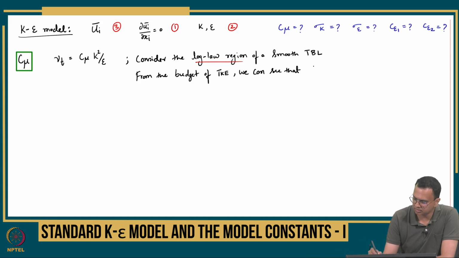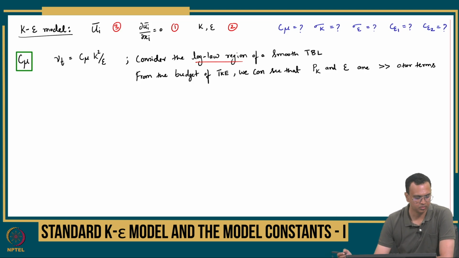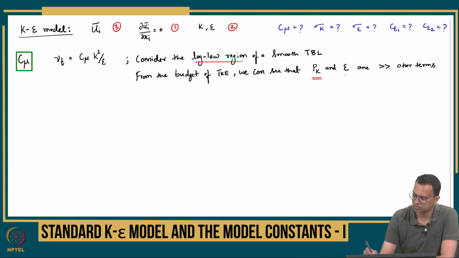So we can see that Pk and epsilon, the production rate of turbulence kinetic energy and the destruction rate of turbulence kinetic energy, are much larger than other terms. Okay, so Pk and epsilon are the dominant terms in the log law region. So we make use of this.